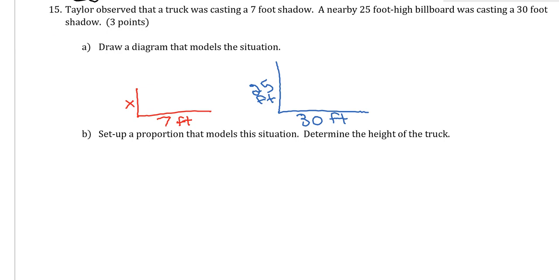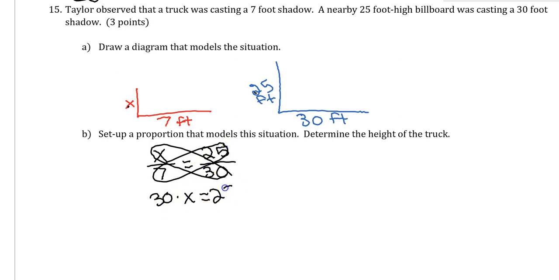Then, set up a proportion that models the situation, determine the height of the truck. So I'm just going to do x over 7 equals 25 over 30. Cross multiplying, 30 times x equals 25 times 7. 30x equals 170.